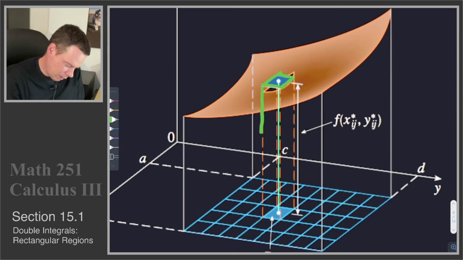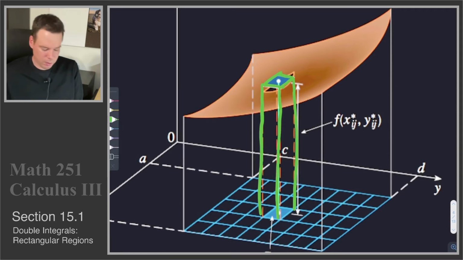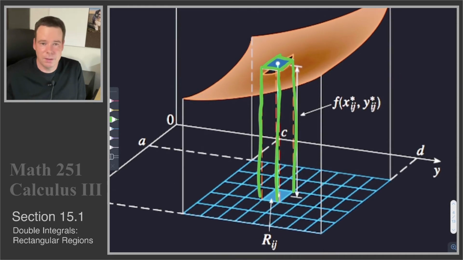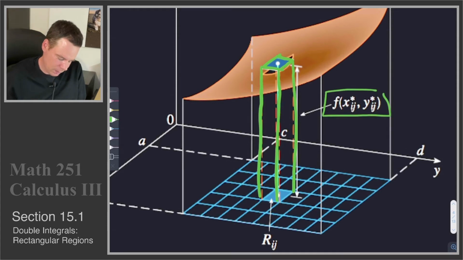And once I've used that as my cap, I form this rectangular box. That rectangular box is going to be what I use to estimate the volume under the surface over that little rectangle. So this would be delta x times delta y, that's the area of the base, times the height. Well, that's the function value at the sample point. So that's that height.